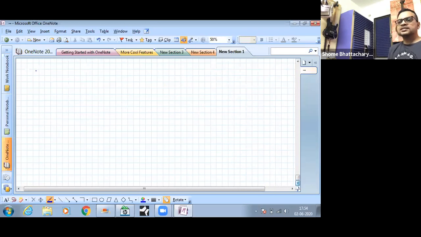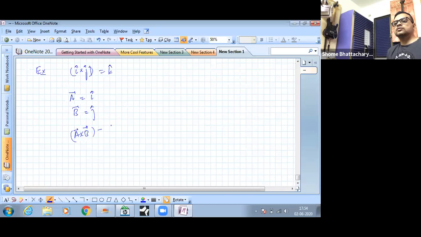As a very simple example, if I ask you what is I cross j, you know it is k cap. But you can also think of a vector A which is I cap, a vector B which is j cap. So A cross B should become the determinant 1, 0, 0, 1 times k cap. You can see that is k.